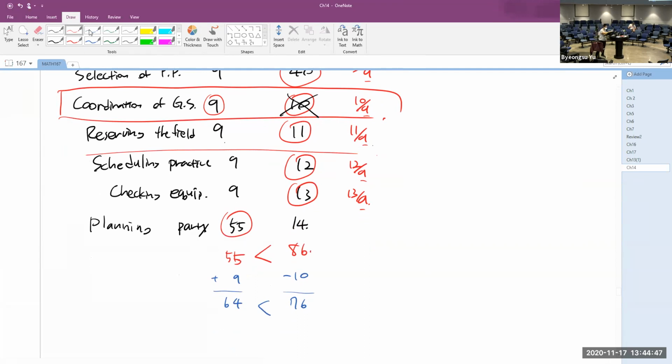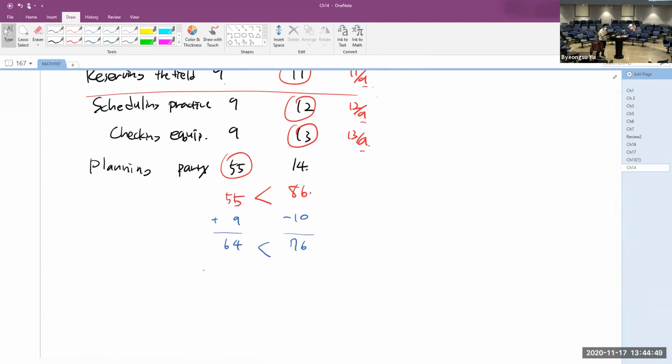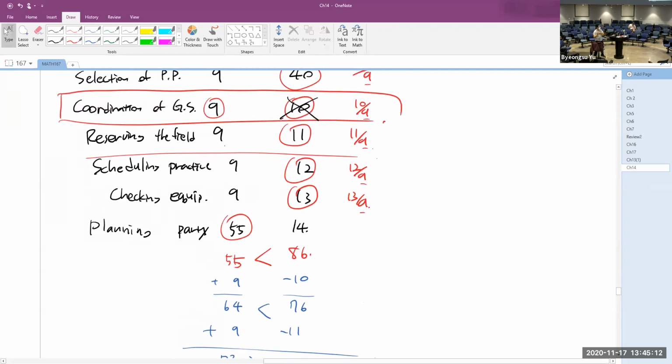Then again, if you add 9 points for Beth, but now take 11 points from Harvey, what you get is 73 for Beth, but 65 for Harvey. But in that case, winner and loser change, right? But that's what we want. So instead of giving whole jobs from Harvey to Beth, we will make them share these items, right?